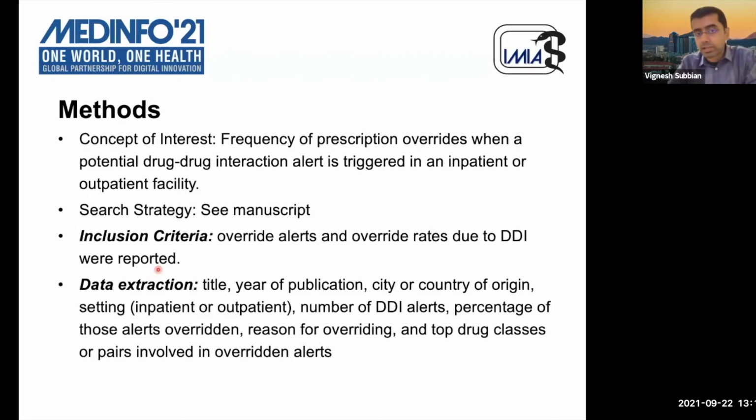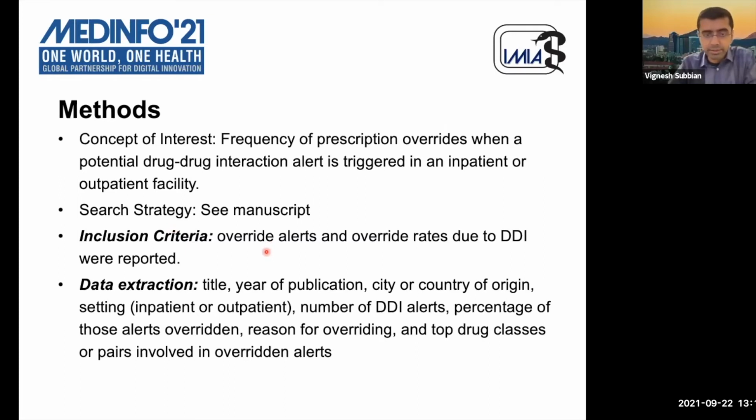In terms of methodologies, as I mentioned earlier, the concept of interest is the frequency of prescription or medication overrides when potential drug-drug interaction alerts are triggered in an inpatient or an outpatient facility. Our manuscript describes the search strategy in detail if you're interested. We included all studies that reported override alerts, as well as override rates due to drug-drug interactions.